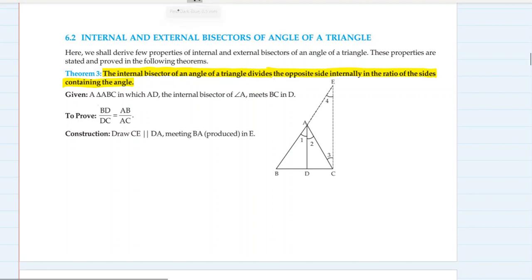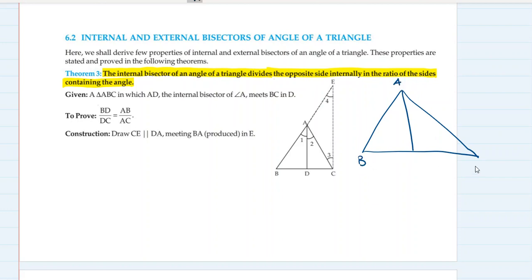Before I explain this in this triangle, because it has a complicated construction, let me draw another triangle for you and show you the meaning of this theorem. So this is triangle ABC and AD is the angle bisector.